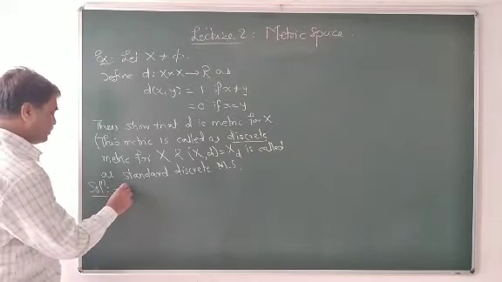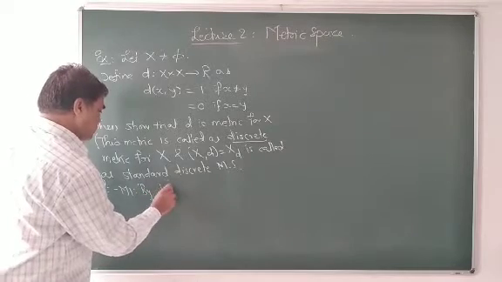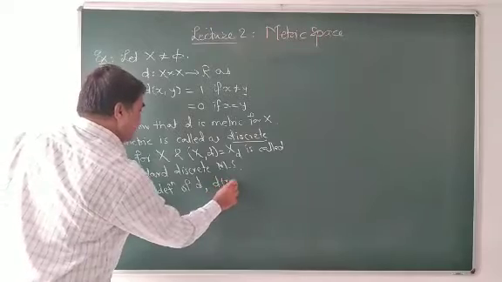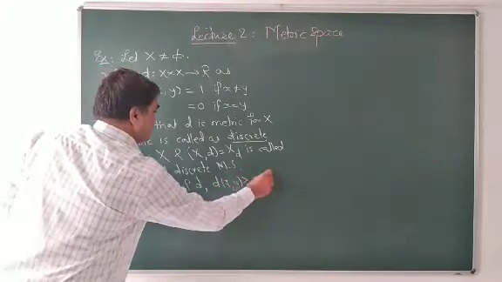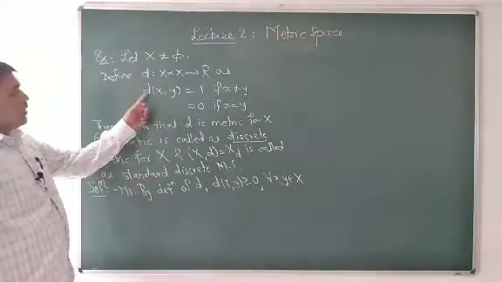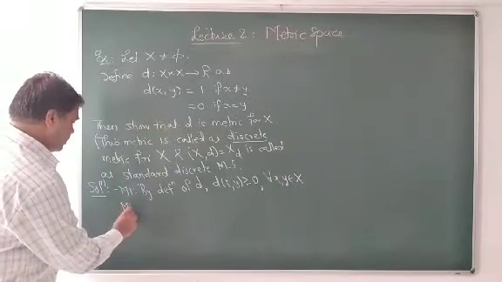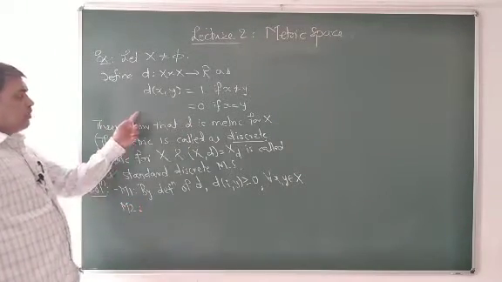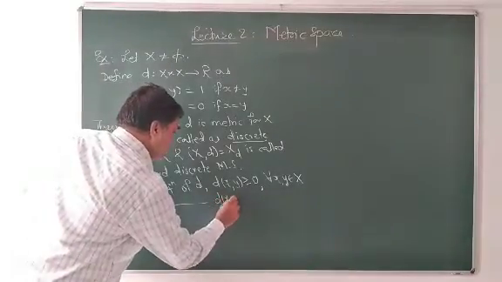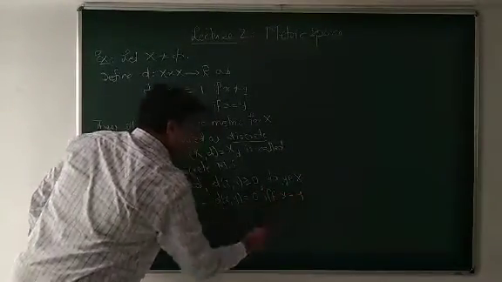So first, M1: by definition of d, d of (x, y) is greater or equal to 0 for every x, y belongs to X, because d of (x, y) takes 1 or 0 value. M2: again by definition of d, d of (x, y) is equal to 0 if and only if x is equal to y.